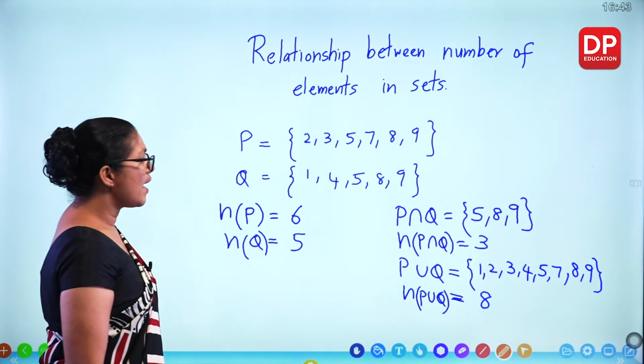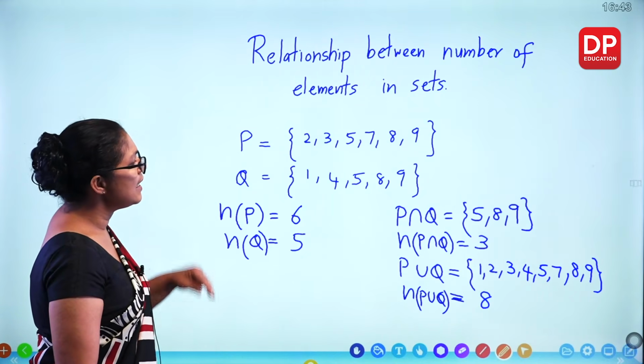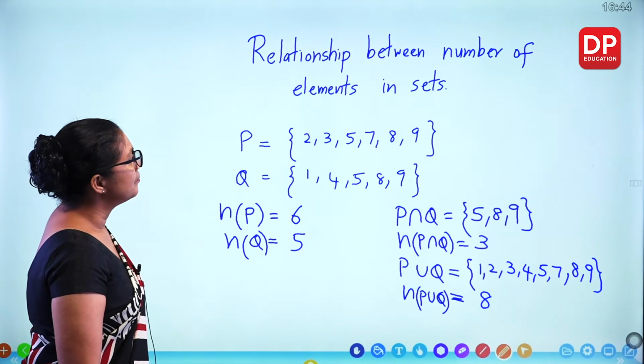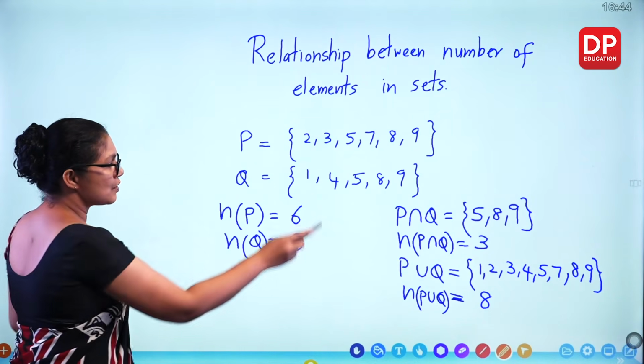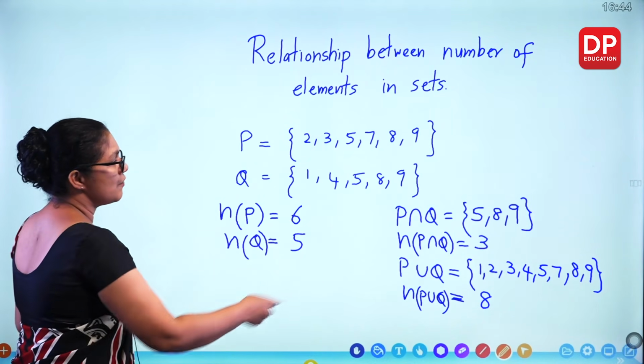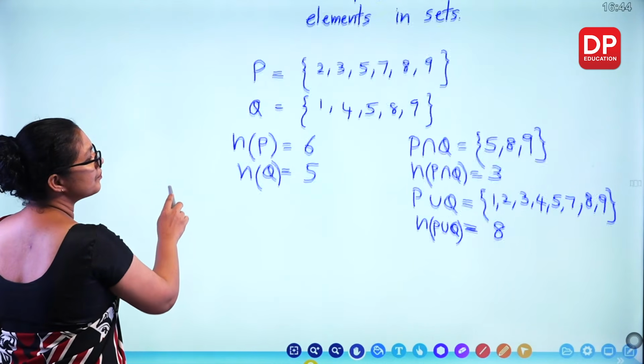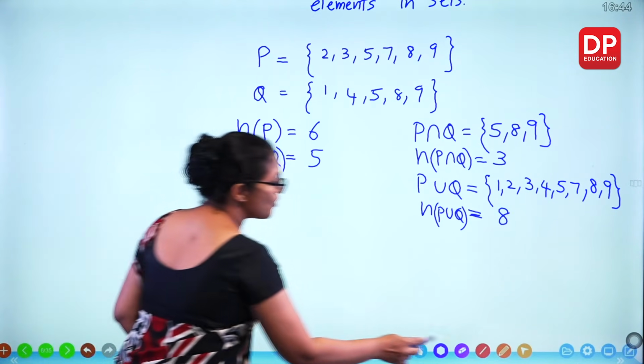Now we need to find out a relationship between these elements. So if you take all these numbers together, what can you say about this?